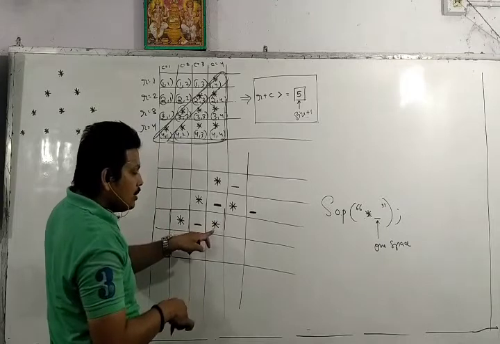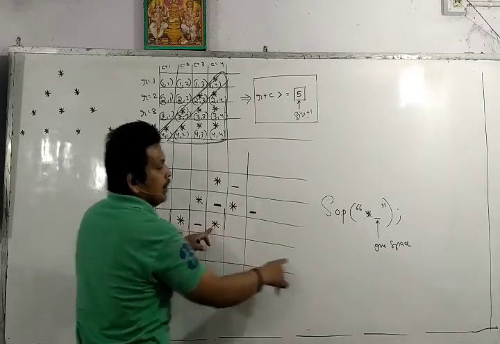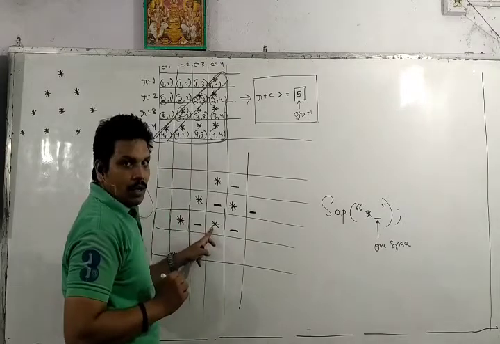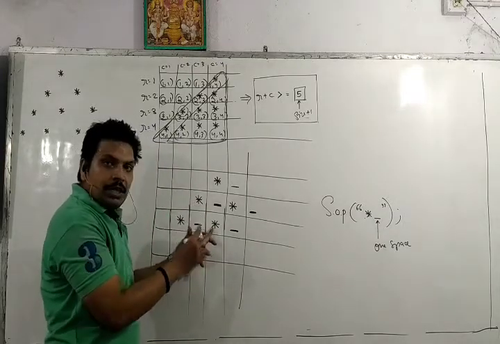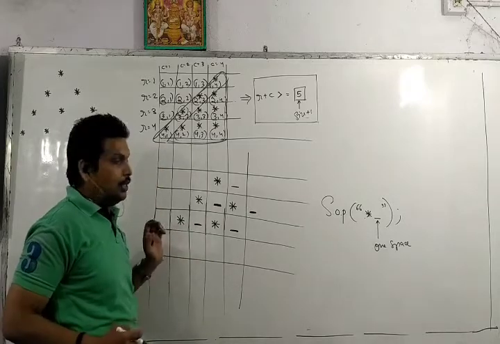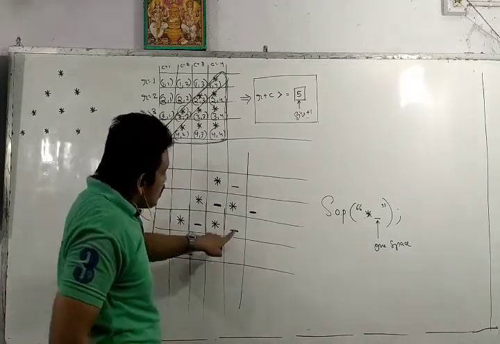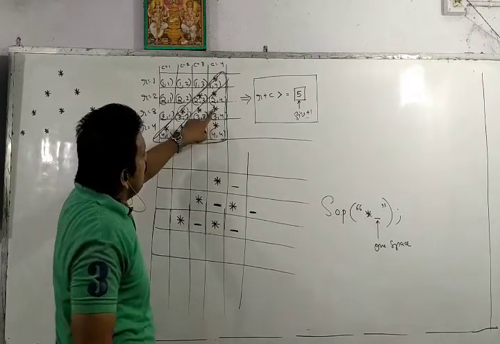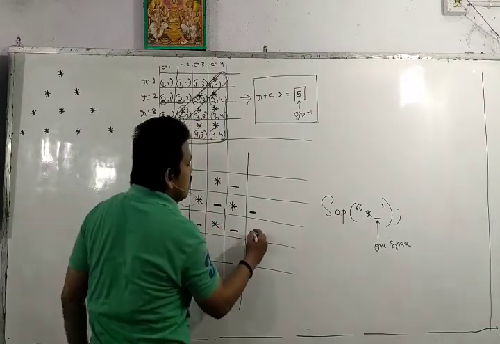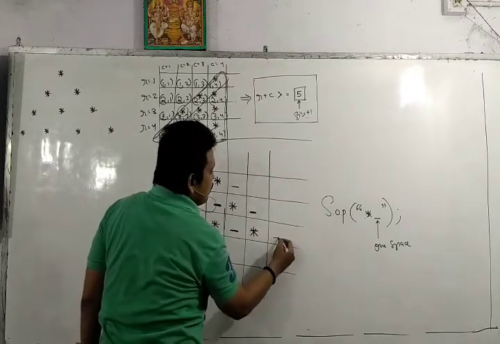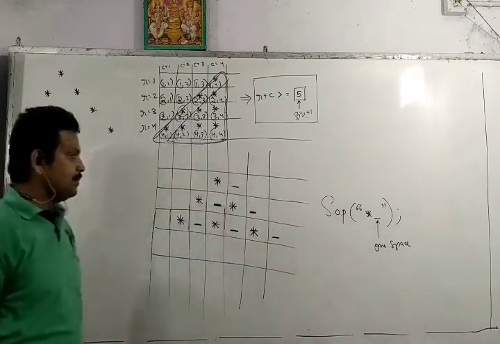When this star is printed, one space will be printed. Whenever stars are printed, along with the star one extra space is printed. So because of this space, this star will shift towards the right side and one space will be printed.